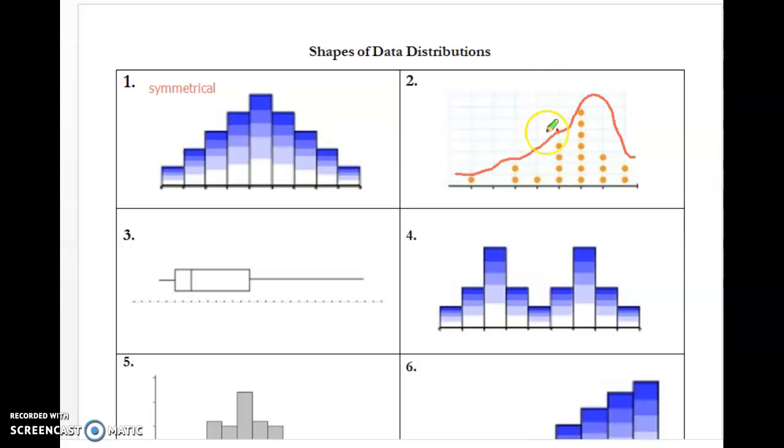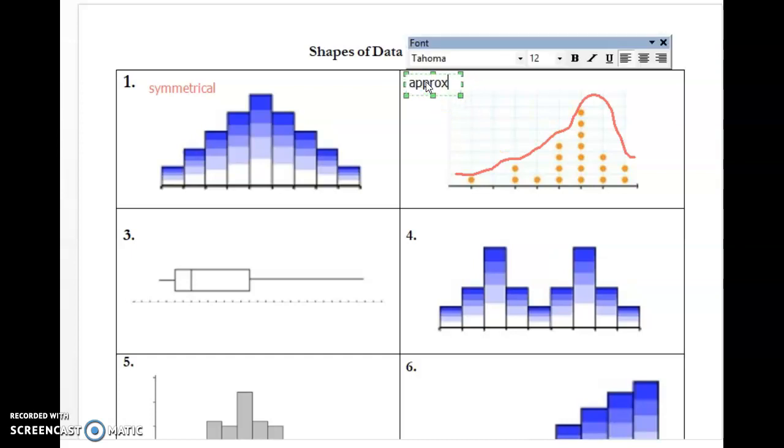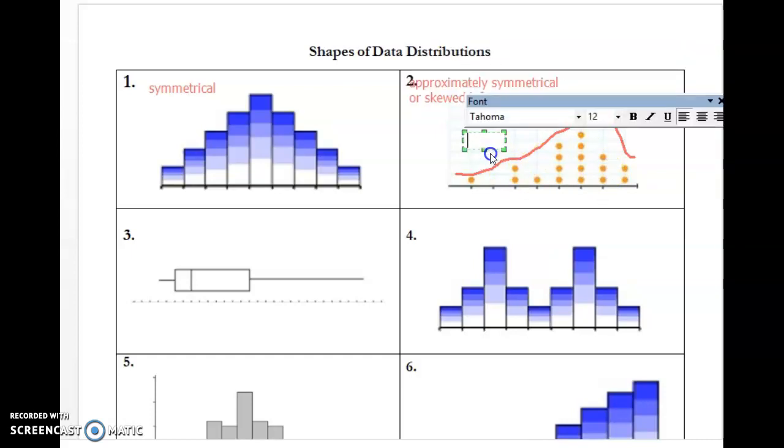And since it has a tail over here, we said that we could call this approximately symmetrical or skewed left, depending on how you look at it. It does have a tail on the left side.